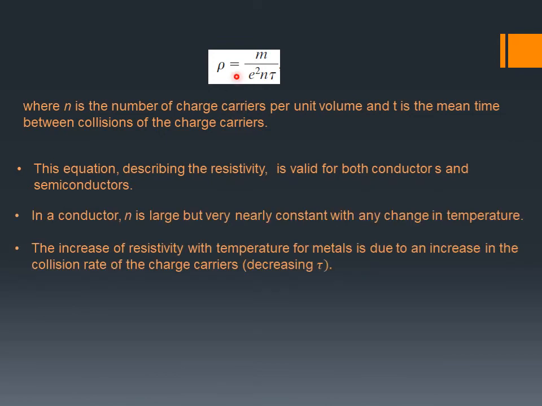In a conductor, as we said, n is large because there are more free electrons per volume, and when you apply the electric field, the number of electrons of course increases, but not very much.